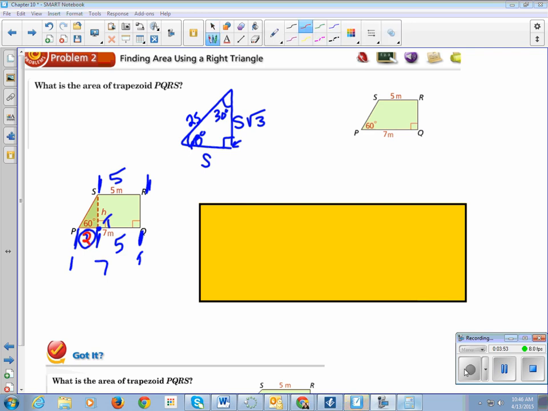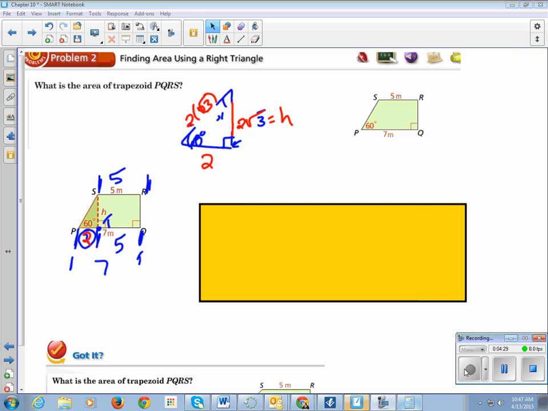So we take this S and replace it with 2. Instead of S root 3, we have 2 root 3. Instead of 2S, we have 2 times 2 times root 3. Yay! So our height is actually equal to 2 root 3.